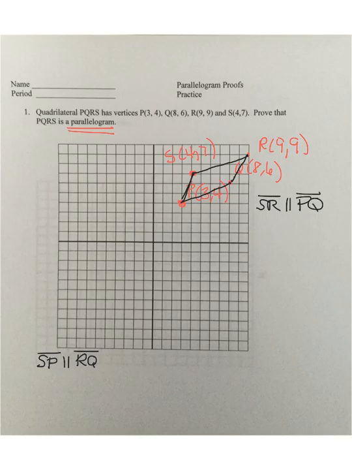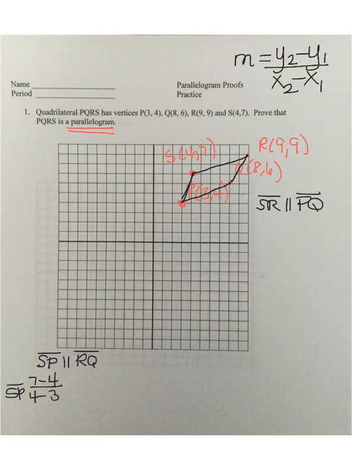Okay, so using slope, the change of y over the change of x. So for SP, I have 7 minus 4 over 4 minus 3, and I get 3 over 1.